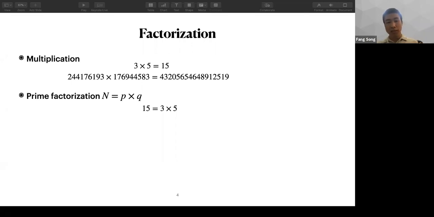In algorithm analysis, this is considered an exponential time algorithm, because to write down this big integer n, we need log n digits, and this naive enumeration will take n steps, which is exponential in log n, the input size.